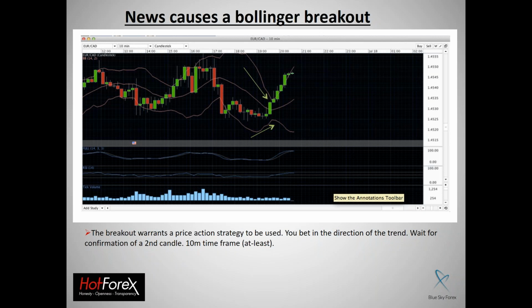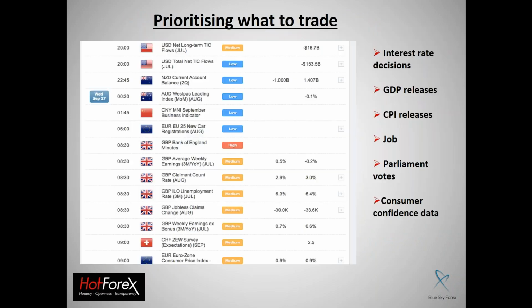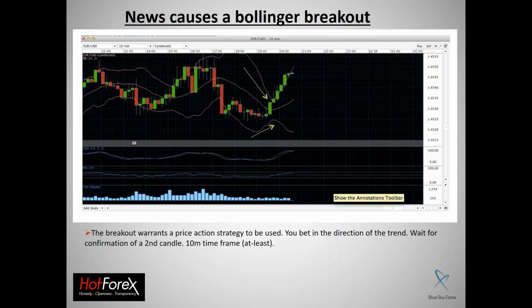So let's say the interest rate decision is supposed to come out at 0.5%, and when the decision comes out, it is 0.5%. Then a breakout most likely is not going to happen, because the market has already taken into account the 0.5% that was expected.